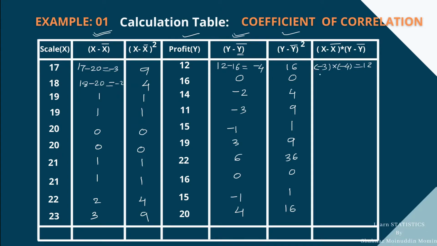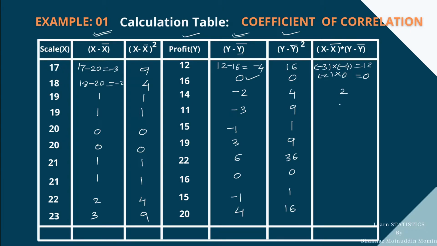Likewise, the next value is minus 2 into 0, equal to 0. So the values of the product (x minus x bar) into (y minus y bar) are listed.